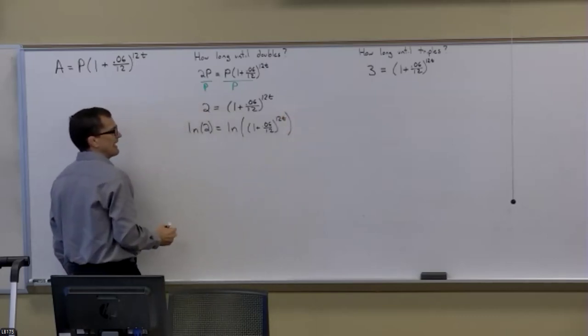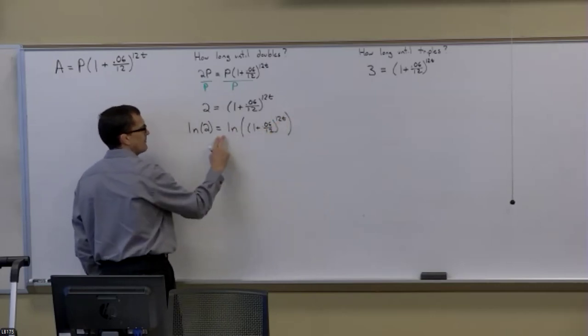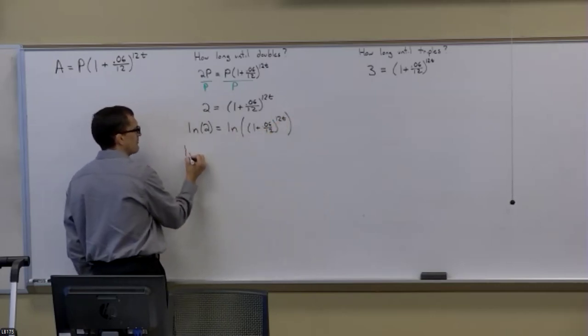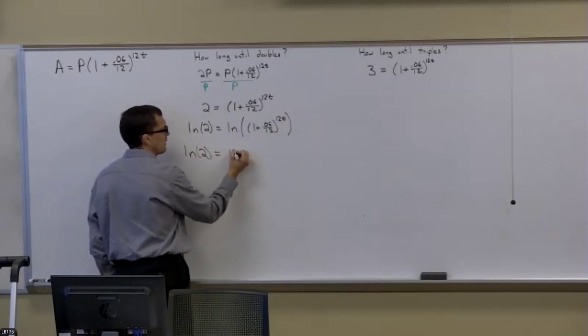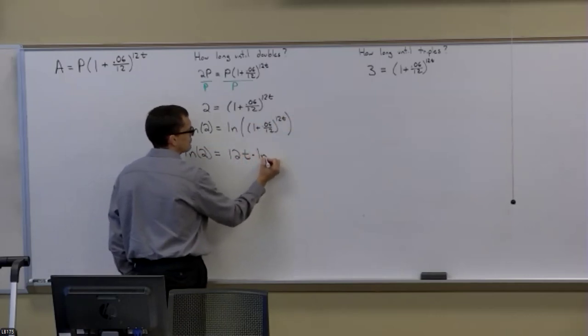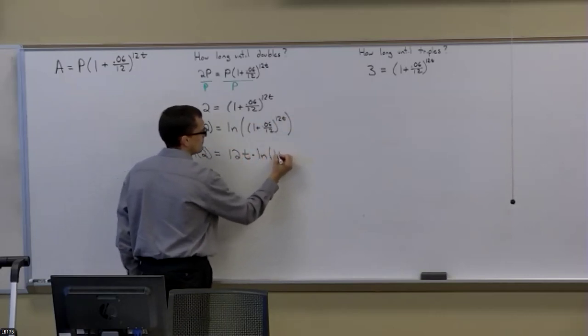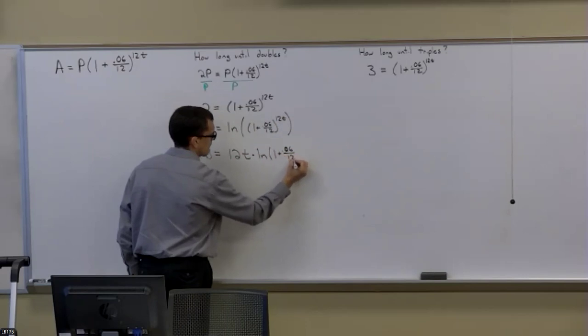If I apply natural log to both sides, this exponent can come out front. And that'll give me natural log of 2 is equal to 12 times t times the natural log of 1 plus 0.06 divided by 12.